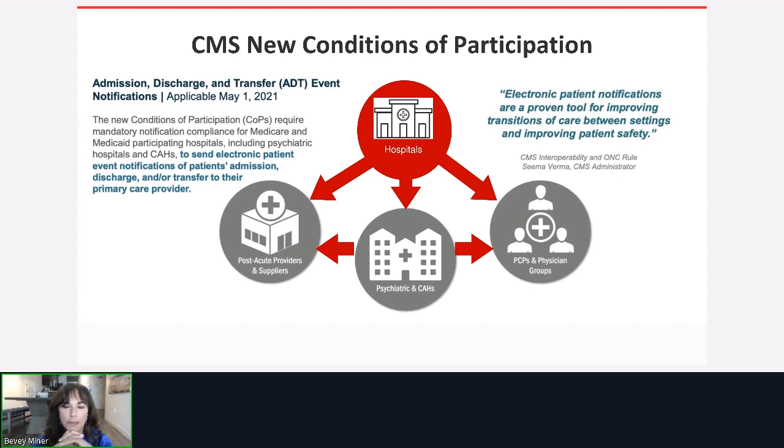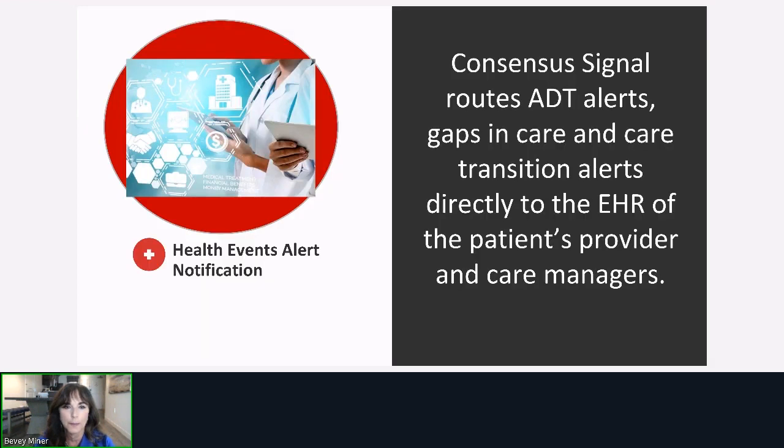In fact, Consensus Signal has been working with a lot of hospital systems and other stakeholders since 2017. So this requirement has already been in place in many hospital systems, mostly the larger IDNs, but now it is sweeping across the country for all Medicare hospitals or Medicaid hospitals.